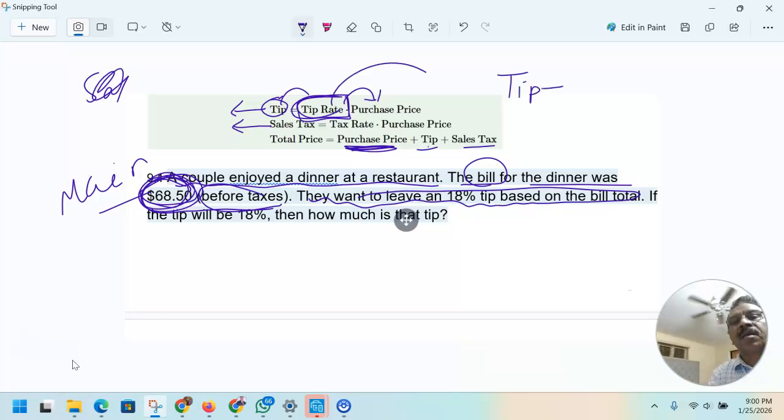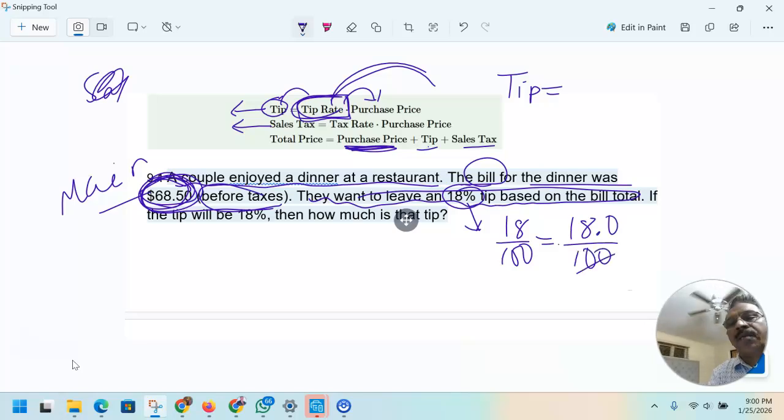The tip will be the tip rate times the bill, and the tip rate is given as 18%. Remember, 18% means 18 over 100. You take off these two zeros and you get 0.18. So it is 0.18 times the bill, which is 68.50.